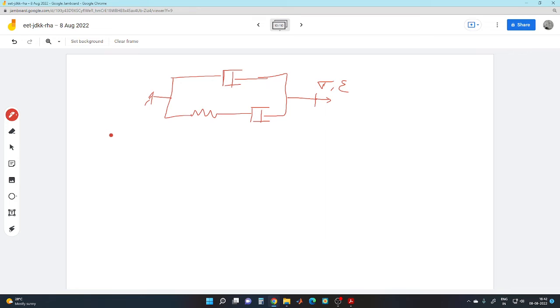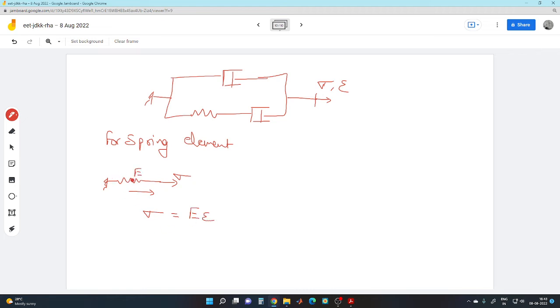So first we'll go individually. For the spring element, if it is fixed here and sigma is applied, it will instantaneously move in that direction, right? So sigma is equal to E into epsilon.